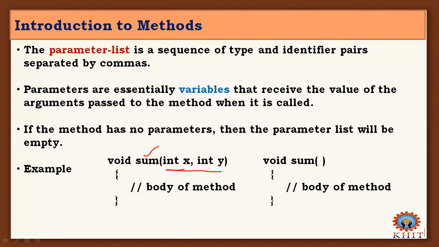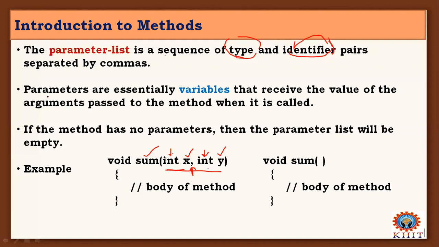It is a sequence of type and identifier: int is a type and x is an identifier, and int is a type and y is an identifier. This sequence of type and identifier pairs separated by a comma, we consider as the parameter list for a method.